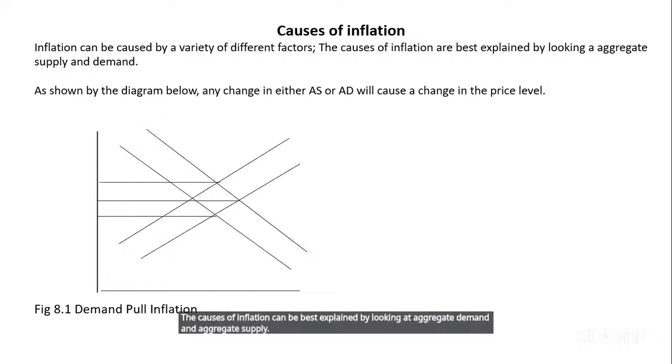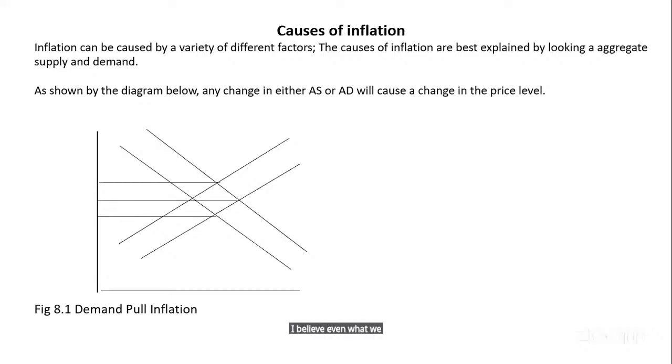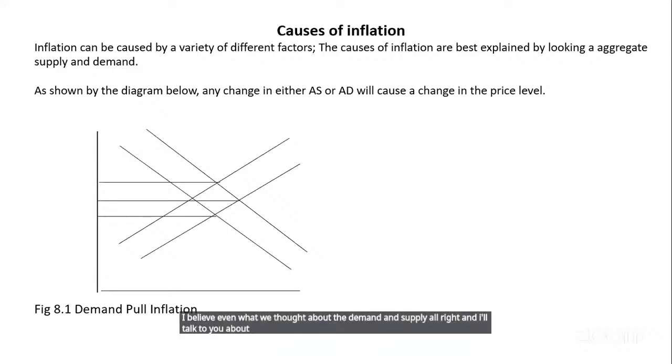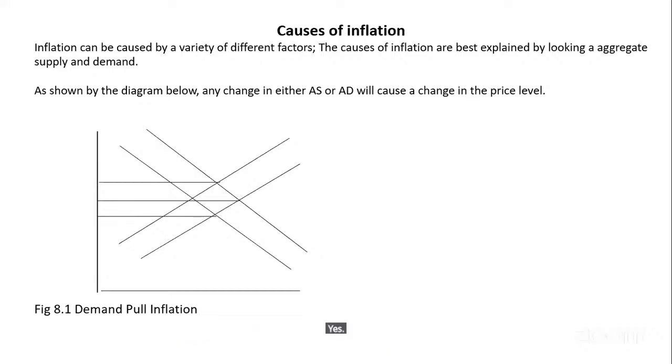And I believe you people have been taught about demand and supply, right? And they taught you about shifts in demand and shifts in supply. As shown by the diagram below, any changes in either aggregate supply or aggregate demand will cause a change in price level.